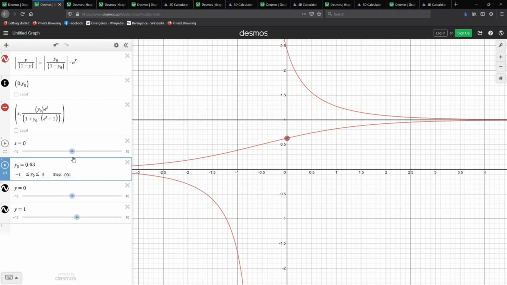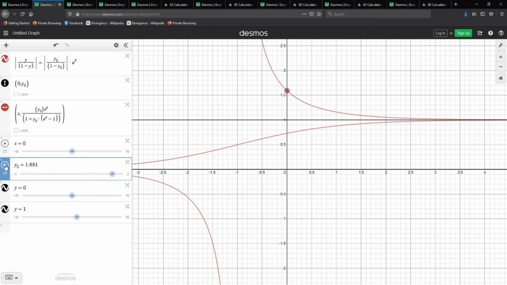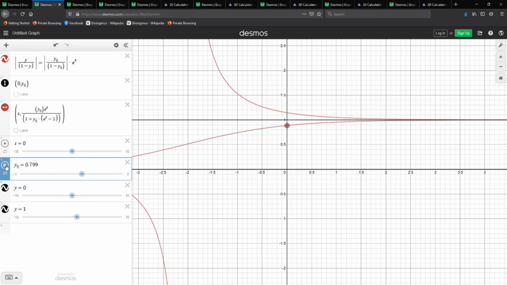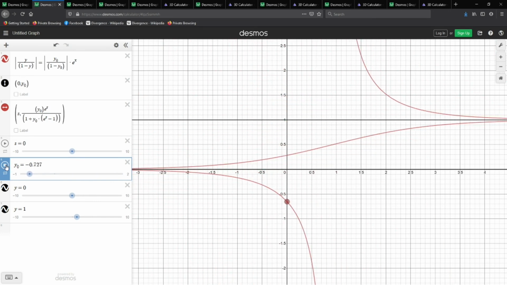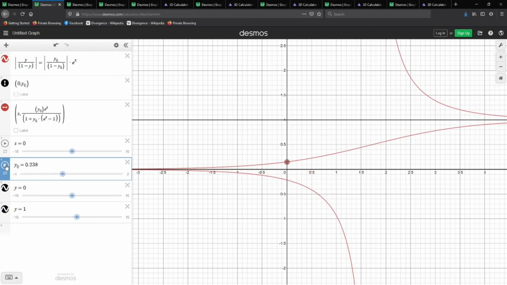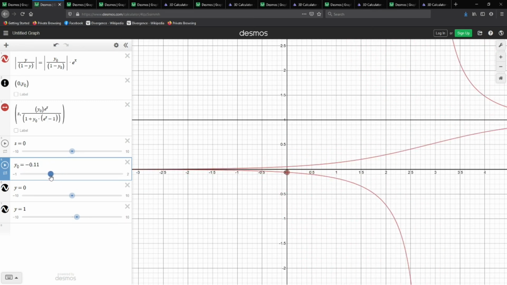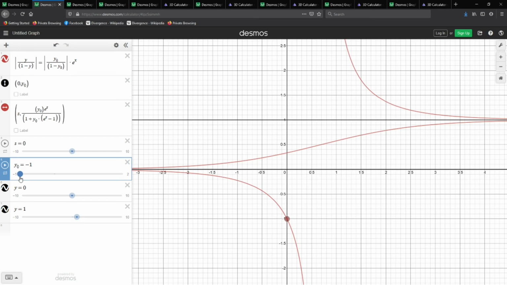And if we change our value for y naught, you see that you get exactly what you would expect. So if you start in the interval from negative infinity to 0 for your initial condition, the solution goes down to negative infinity.